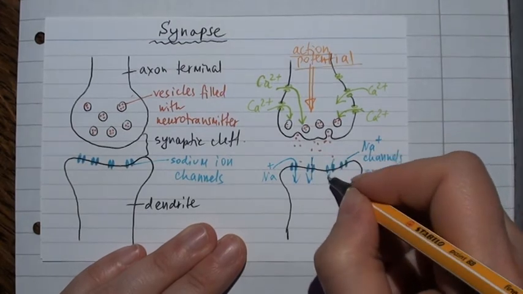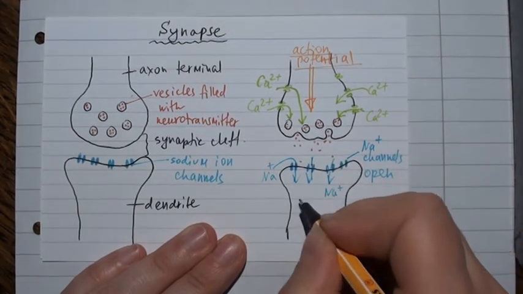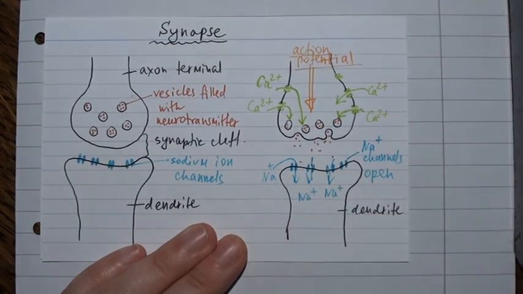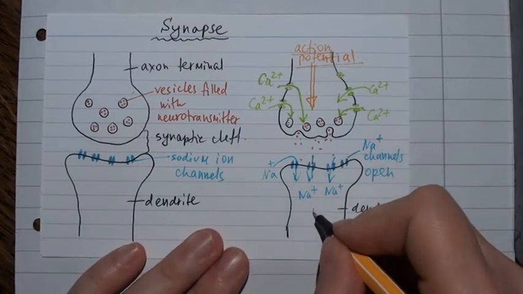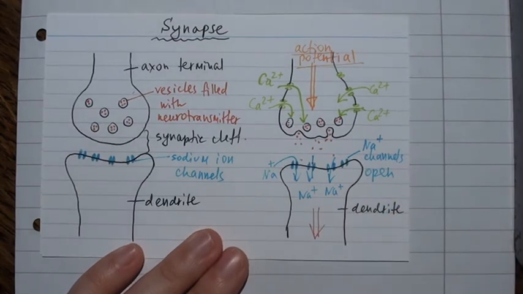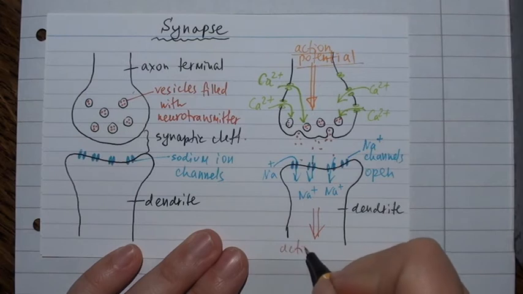As soon as sodium is able to get in, that's the beginning of the nervous impulse or action potential. So that's going to generate the action potential on the dendrite of the next neuron.